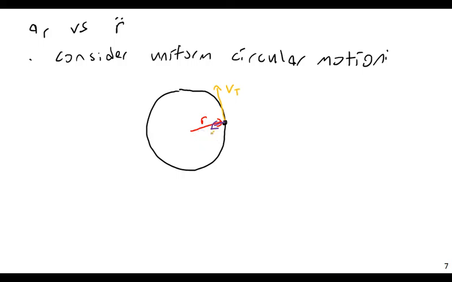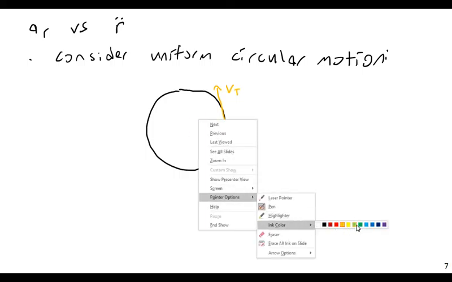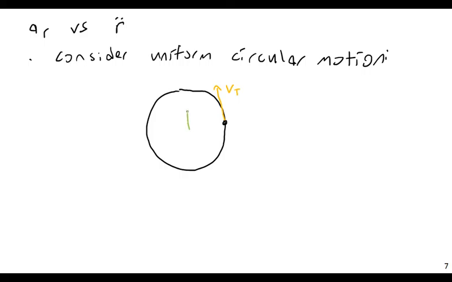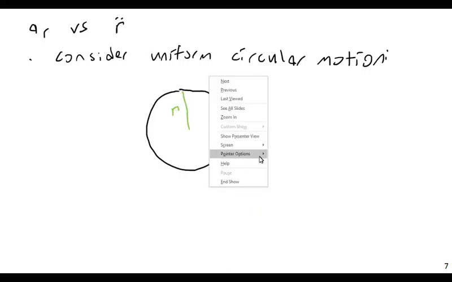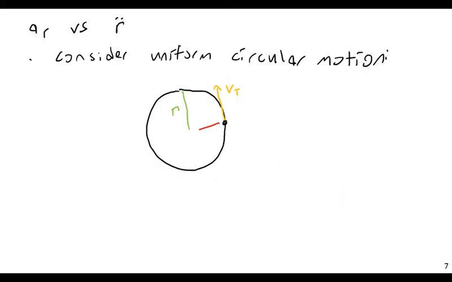Let me move this over here so they're not on top of each other. So there's an R. Let's say this is a uniform circular motion problem, and there would be an AR here, and if this was actually accelerating, there could be an A theta here.